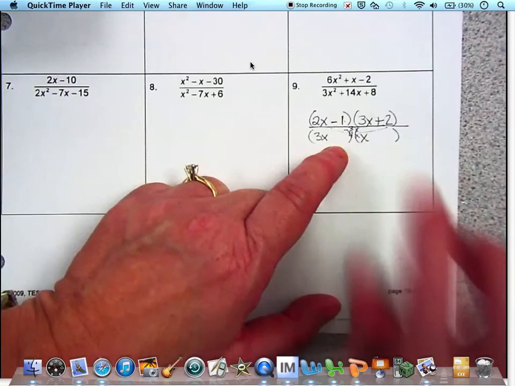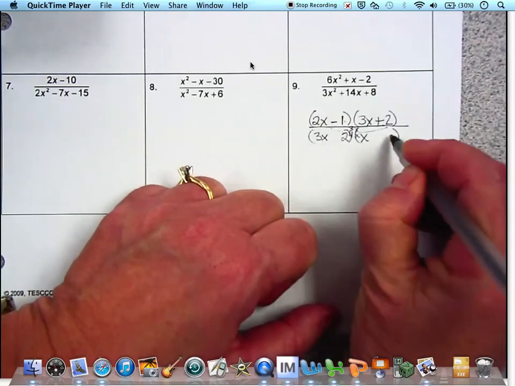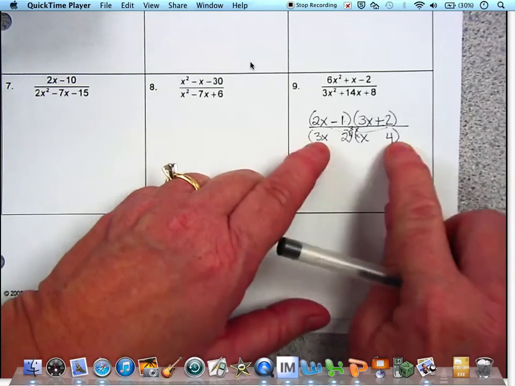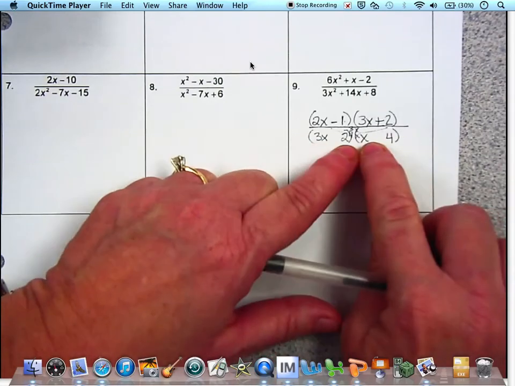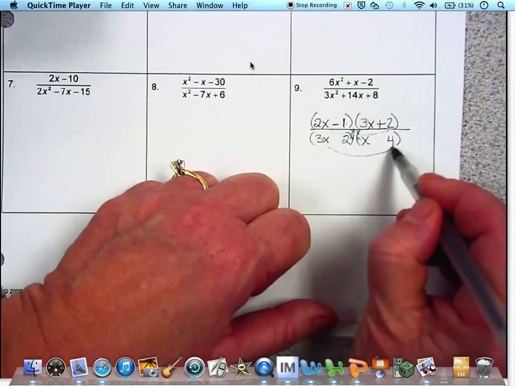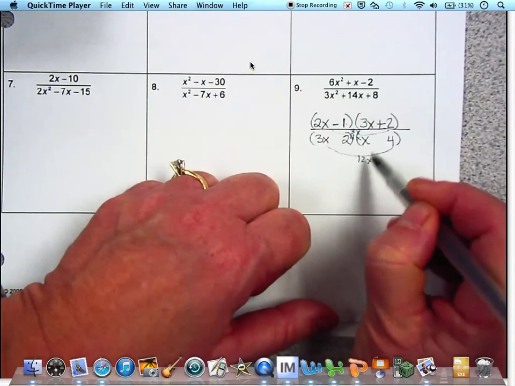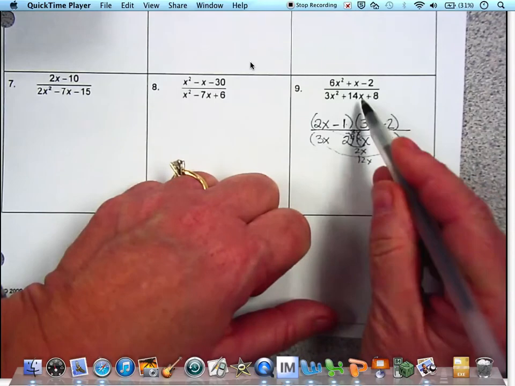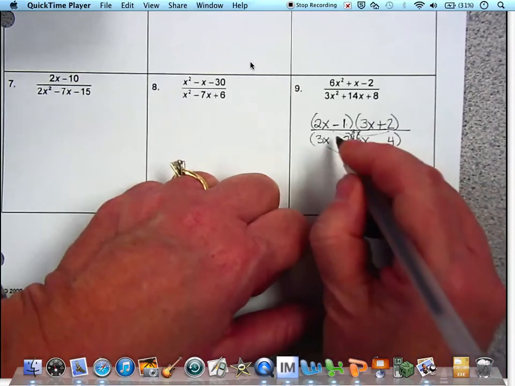Try 2 and 4 here. So this is 12x plus 2x. Does that work? Yes. 3 times 4 is 12x, and 2 times x is 2x, and then you add those together to get 14x. They're both addition.